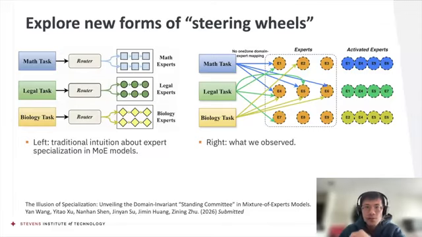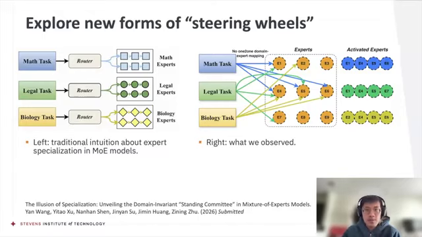Instead, there is, to some extent, a standing committee of experts that are activated for many of the problems in the tasks, and there are also some experts that are activated only in particular domains.